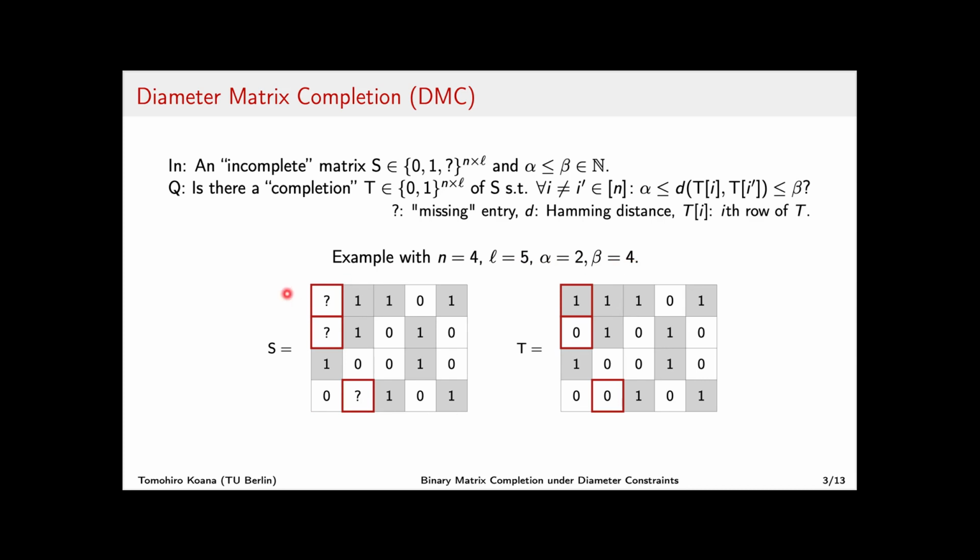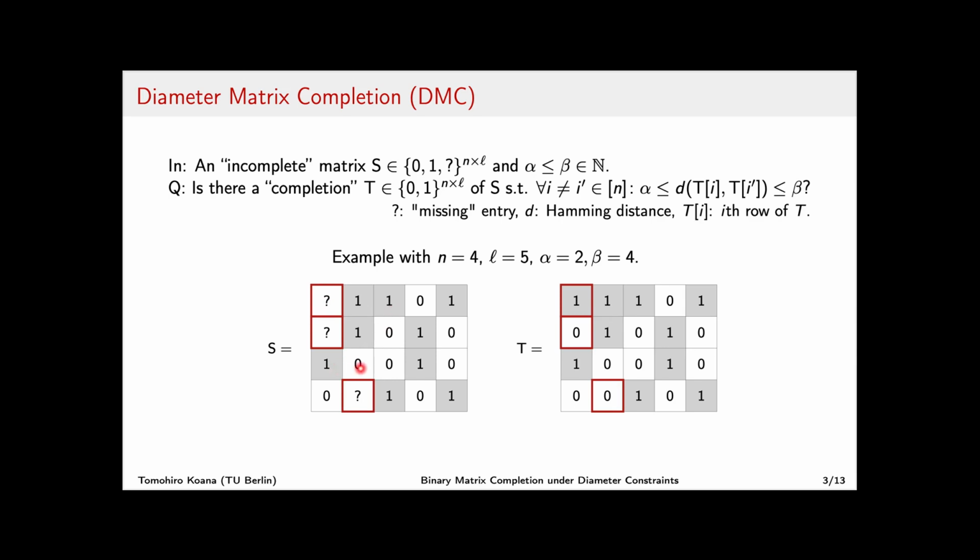So to complete this matrix, observe that the first row and third row have distance exactly 4, excluding the first column. So this missing entry here must be replaced by 1 to match the third row.